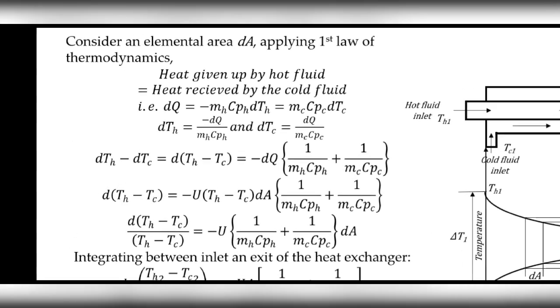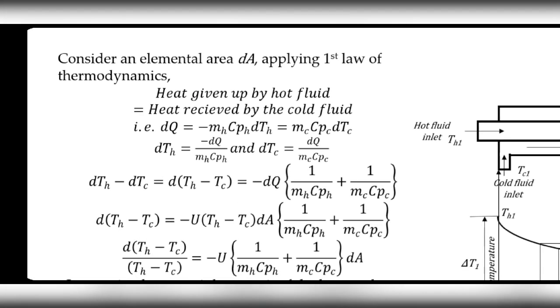I'll consider a small elemental area dA and I'll apply the first law of thermodynamics, which states that the heat given up by the hot fluid should be equal to the heat received by the cold fluid, because one of our assumptions is that there is no heat loss to the surrounding. So I can write dQ equal to minus mH CpH into dTH, which is equal to mC CpC into dTC.